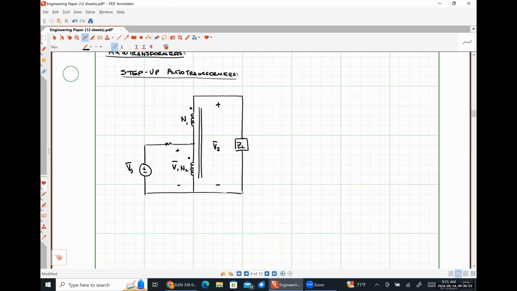So our secondary voltage actually includes our primary voltage because again, this is representing literally a single coil that we have access to a voltage somewhere in the middle. Okay. So here is our primary current I1. And this is our secondary current, I2. Okay.